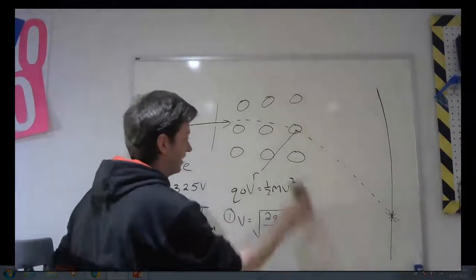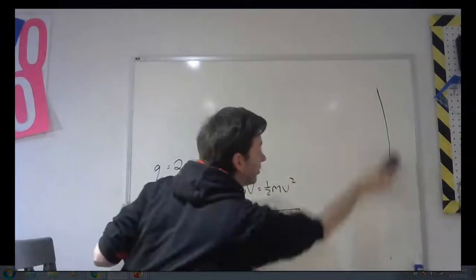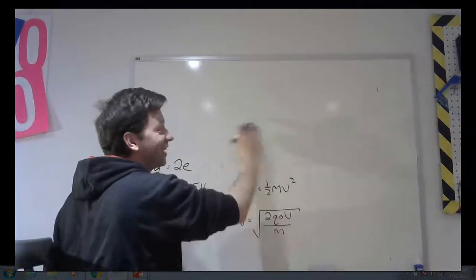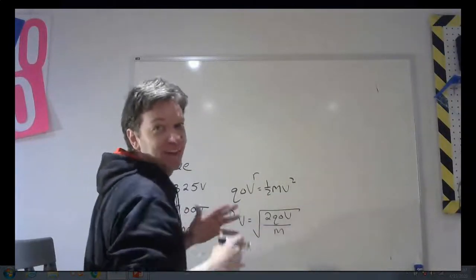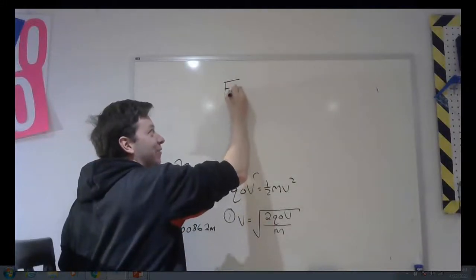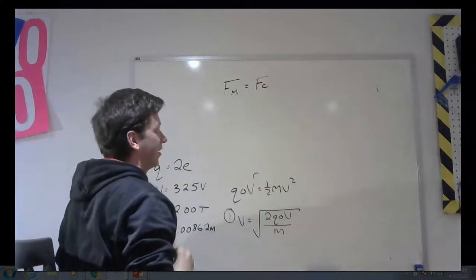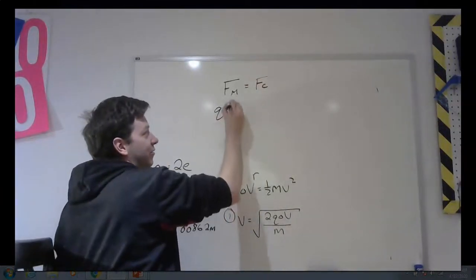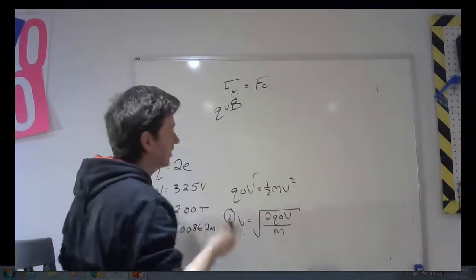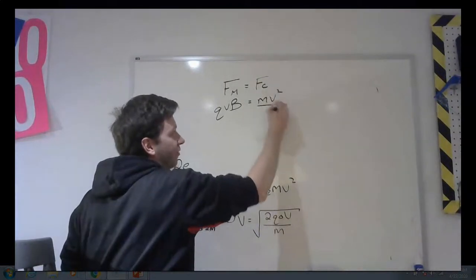Just going to erase our diagram here, so I have some room. Now once it goes through the magnetic field, it's going to undergo a curved path because it's going to have a magnetic force causing our centripetal force. Alright, so that is qvB sine theta, but it's being put in at right angles, so sine theta is 1, equals mv squared over r.